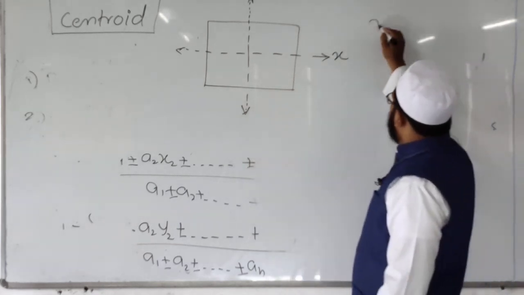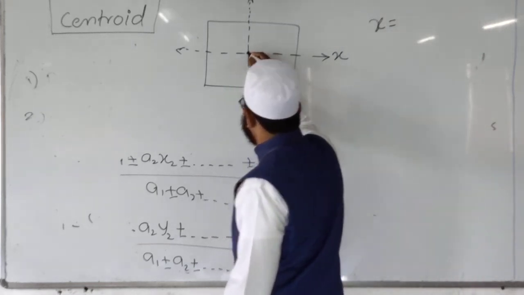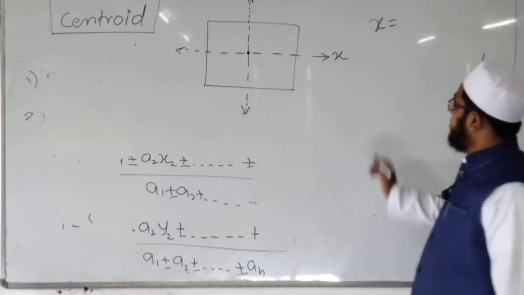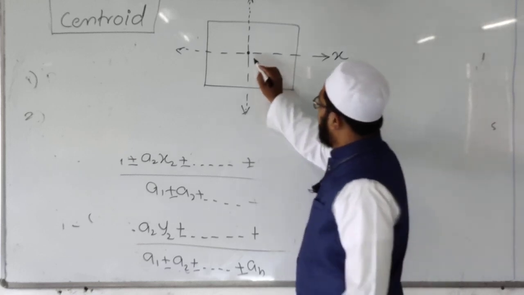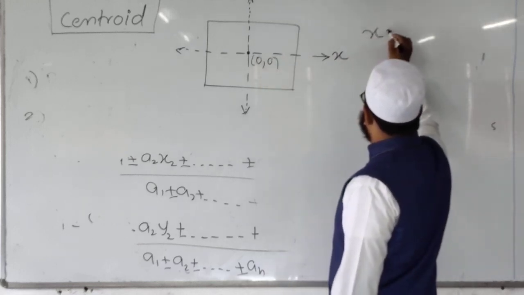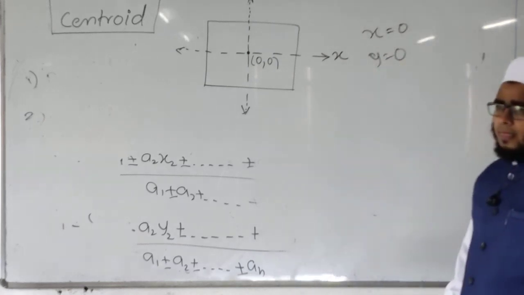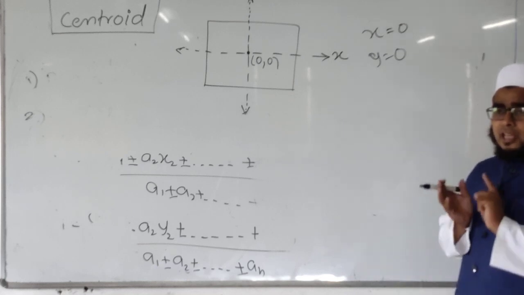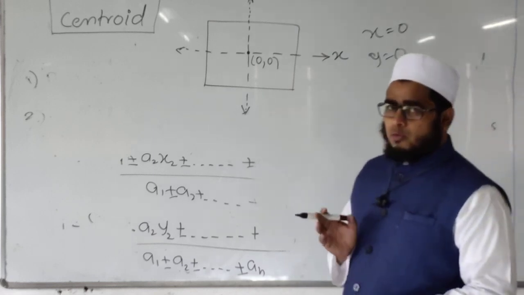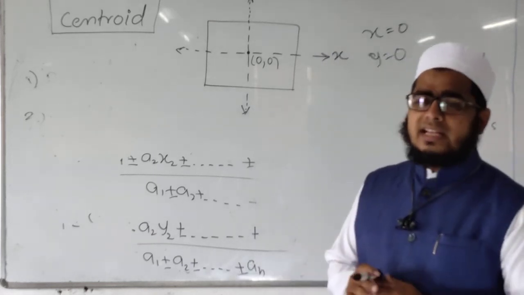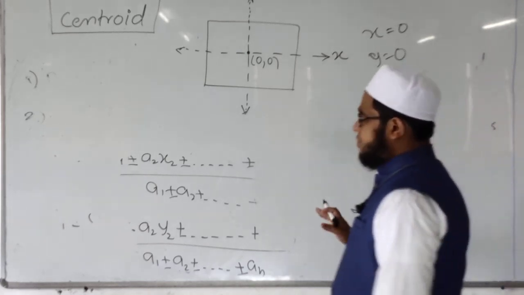In this case the centroid will lie at the center of the axes, and the coordinate at this point is 0, 0. Therefore the coordinates of the centroid are x equal to 0 and y equal to 0. Whenever the figure is symmetrical about both the axes x and y, the x coordinate of the centroid is 0 and the y coordinate of the centroid is also 0.